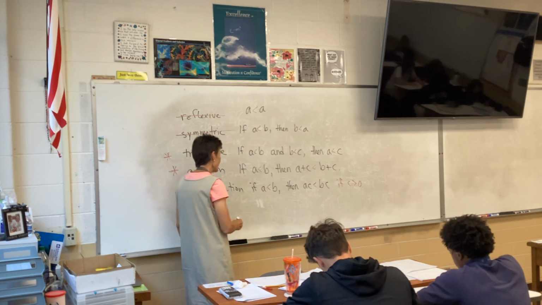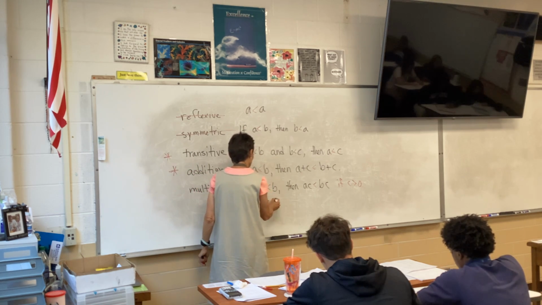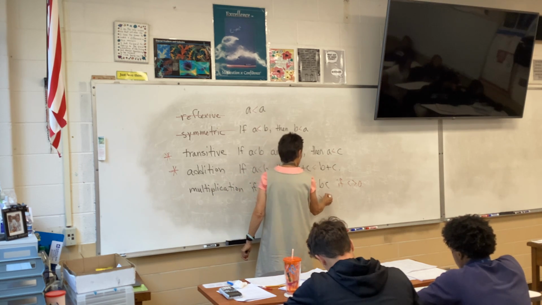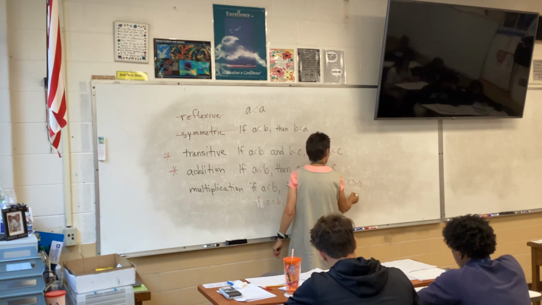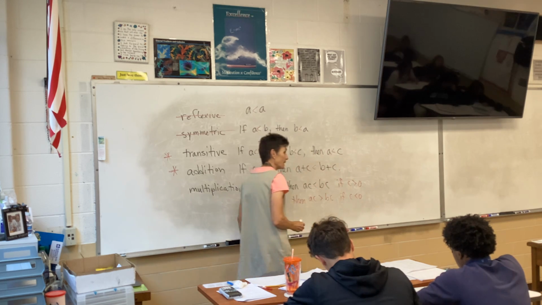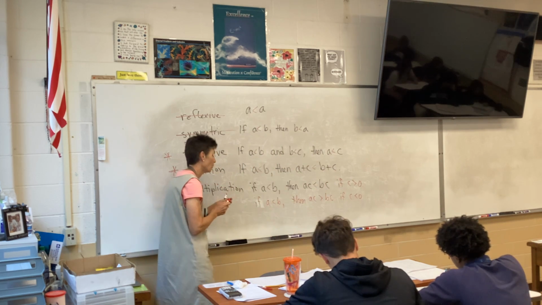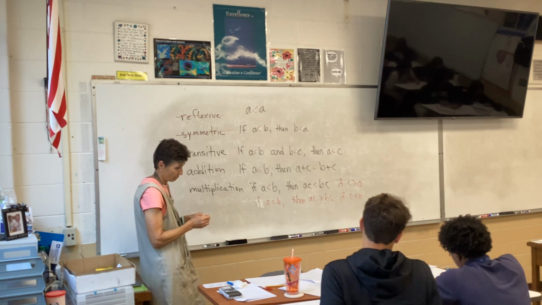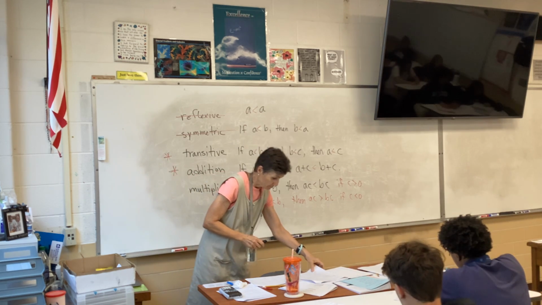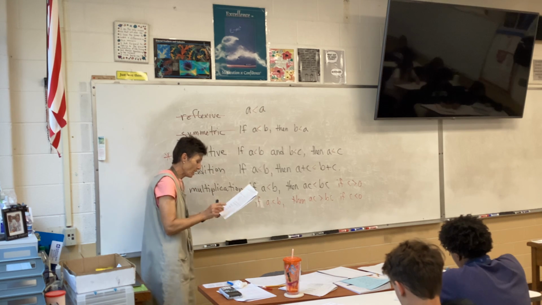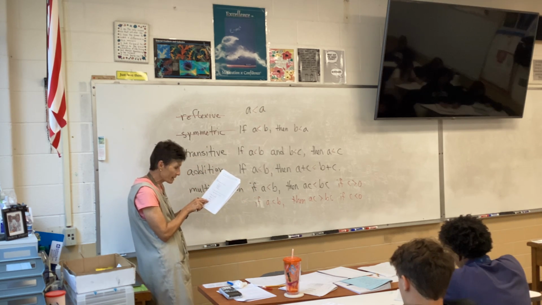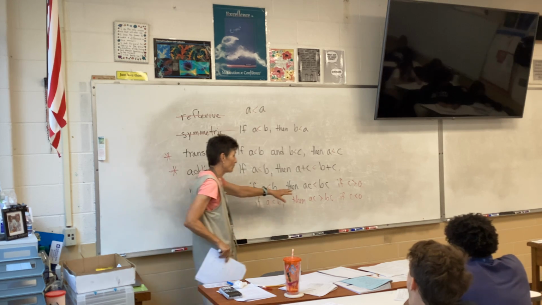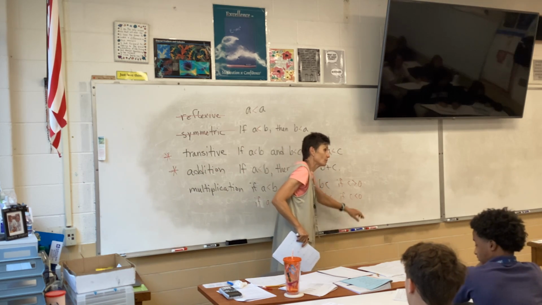If C is negative, then AC will be greater than BC, right? Be careful with those crazy inequalities. That's why I have a little star next to the multiplication one, because we have to clarify whether we're multiplying by a positive or a negative number.